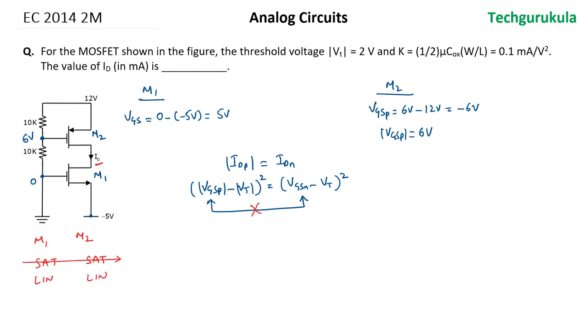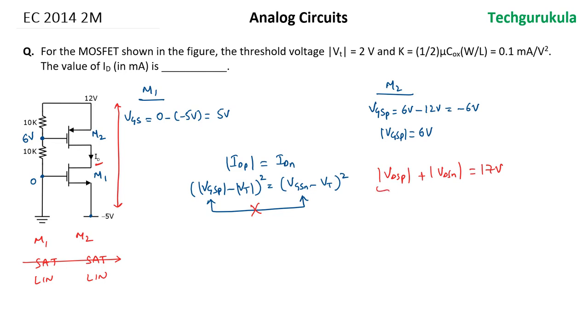We know the voltage across these two transistors, VDS, is 12 minus of minus 5 volts, which is 17 volts. So VDSP magnitude plus VDSN magnitude should be equal to 17 volts.